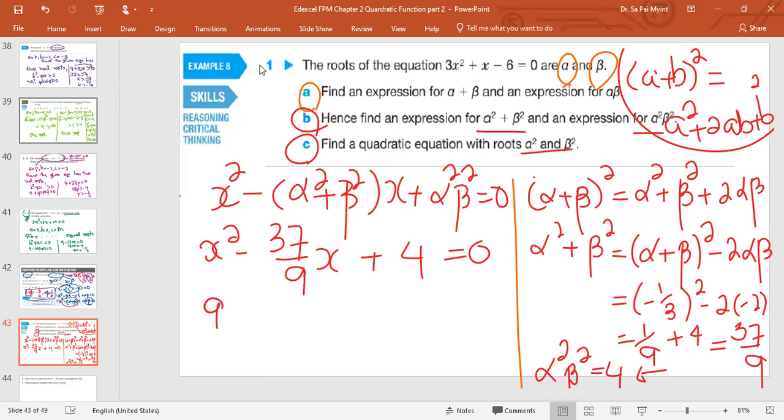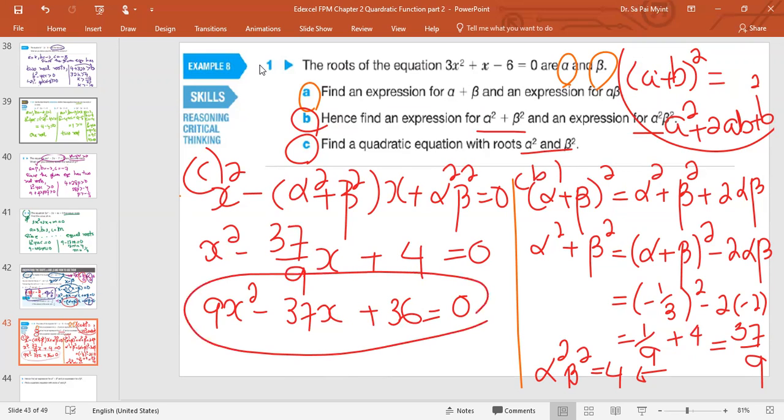Okay, what do you get? 9x squared minus 37x plus 36 equal to 0. This is number C. This is number B. Okay. Alpha square and beta square are solutions of this equation.